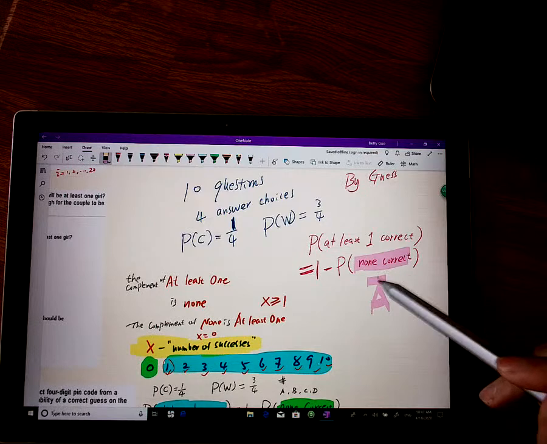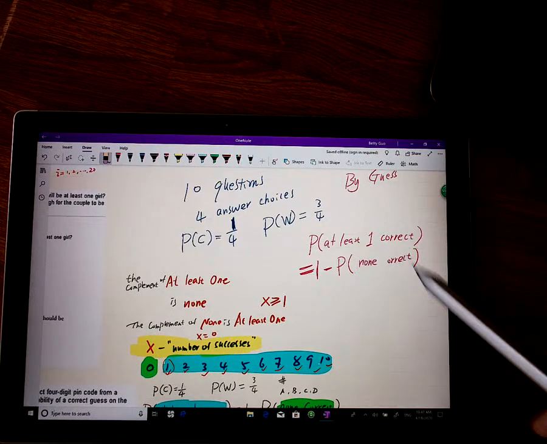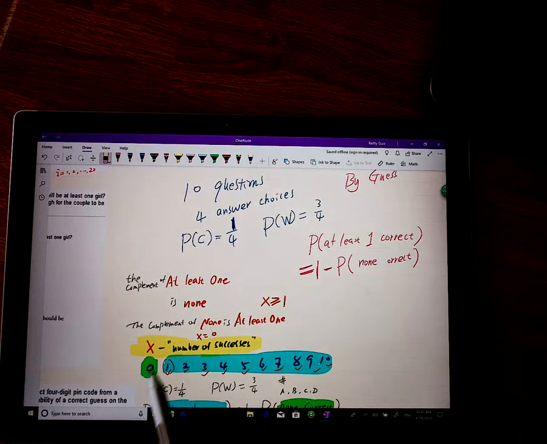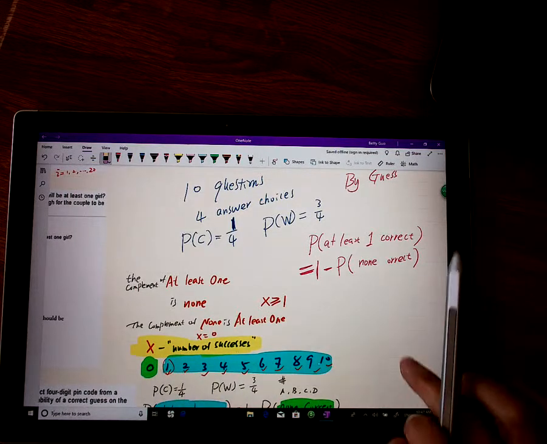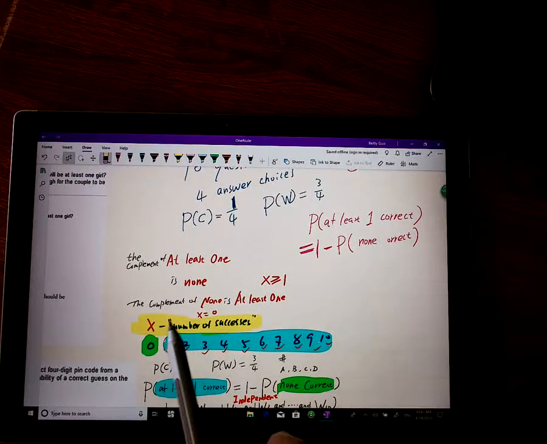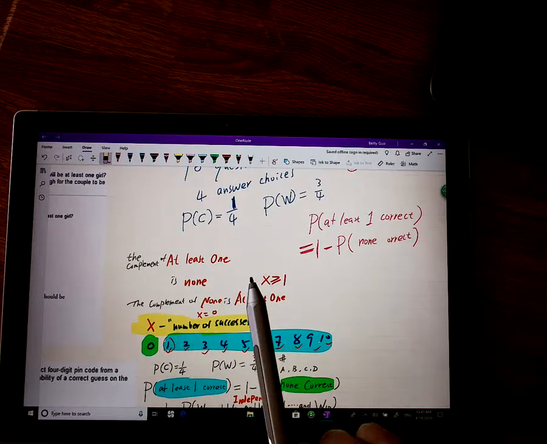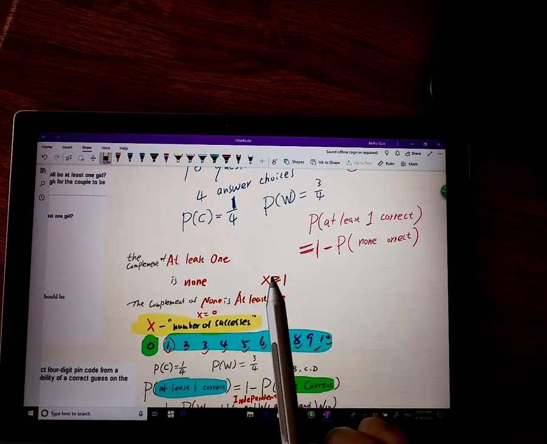And let me explain why the two events are complementary. I'm going to bring in a random variable here. I'm going to numeralize the results. Let X be the number of successes among the 10 trials. You do the first question, that's the first trial. Second question is the second trial.